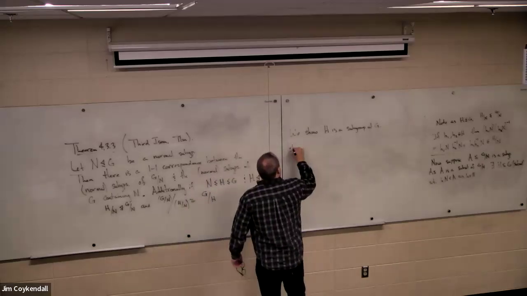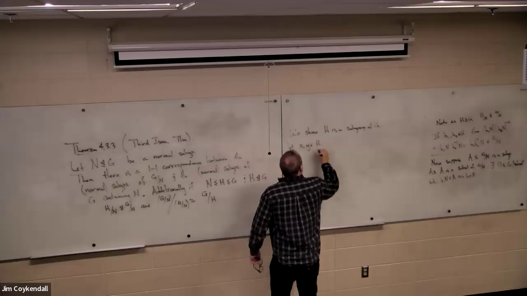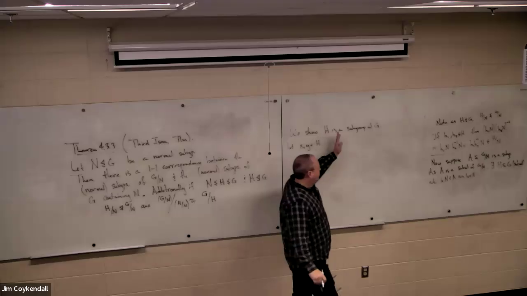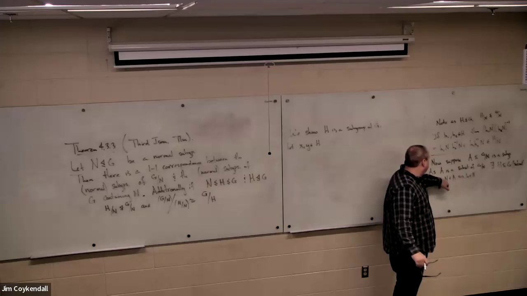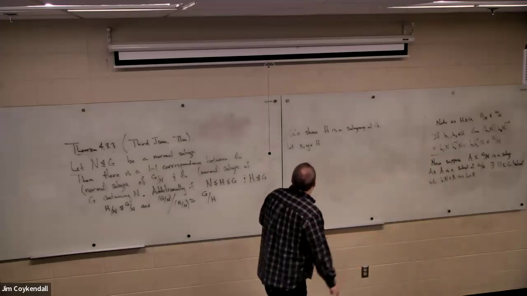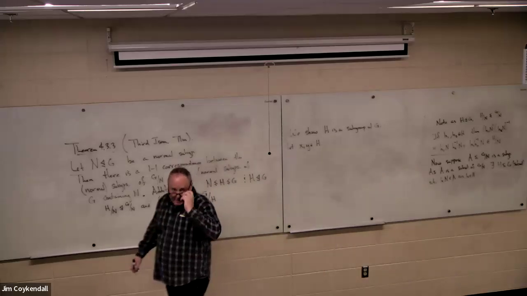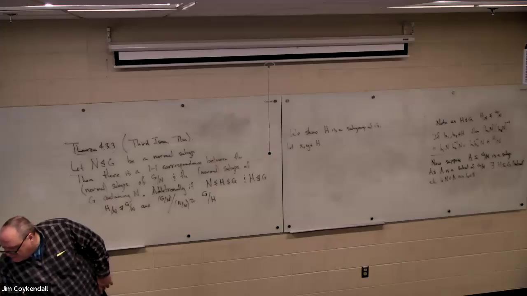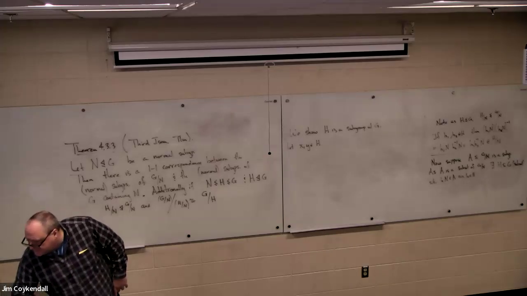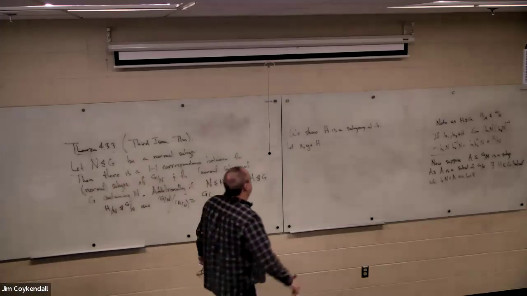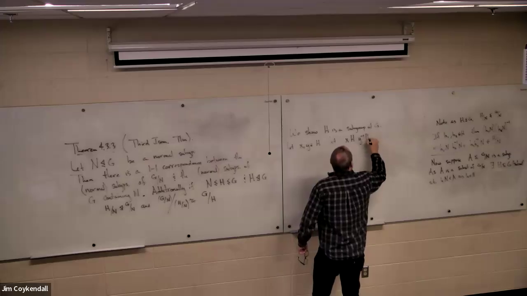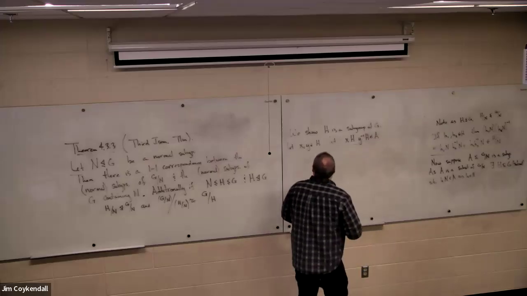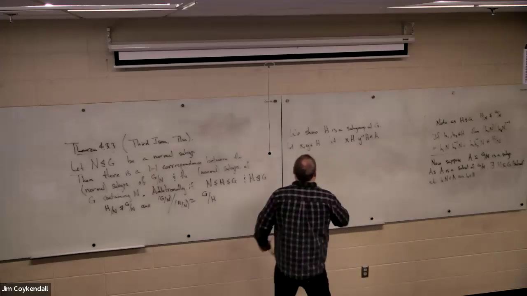Let X, Y be in H. Let me also point out that, of course, everything in N is in A. So A is actually a subset that contains everything in N, because everything in N makes this the trivial coset, which has to be in A. So let's take any pair X, Y that's in H, then XH, Y inverse H is in A, right, because this has to be the group.